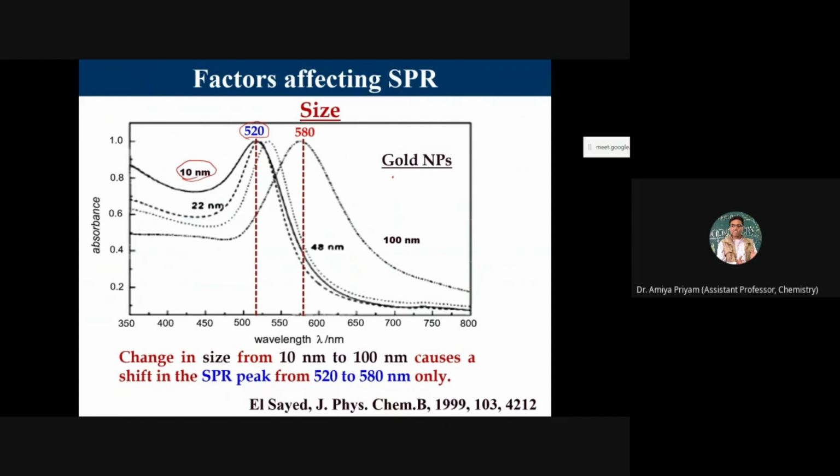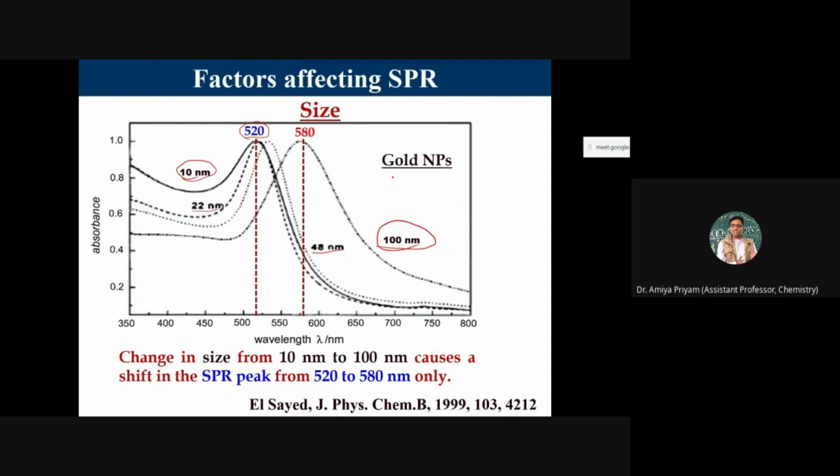Then as you increase the size from 10 to 22 nanometers, 48 nanometers, to 100 nanometers, you find that the maximum we can reach is around 580 nanometers. That's how the absorption peak and the colors change. So it is a function of the size of the nanoparticle, but the change is very small, about 60 nanometers.